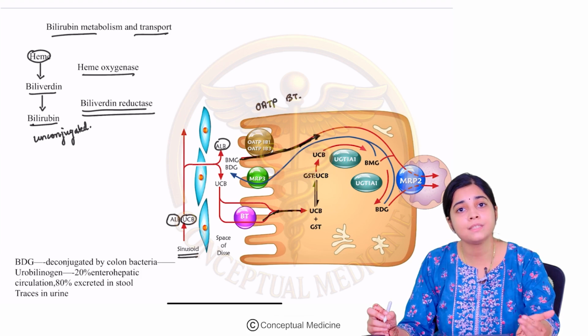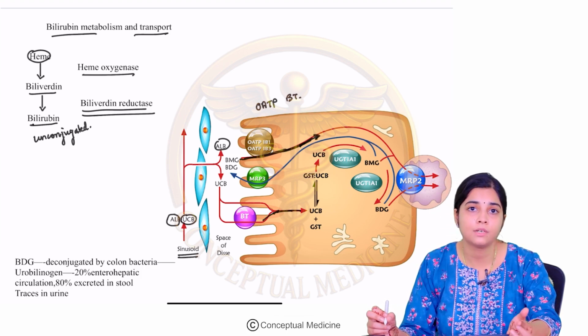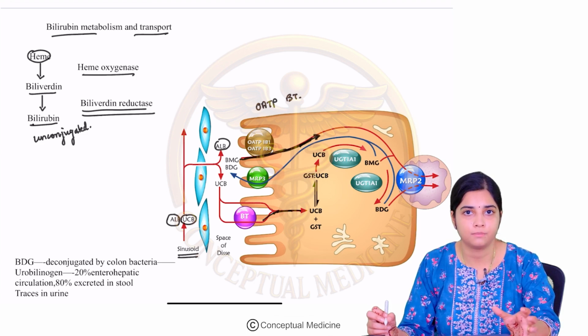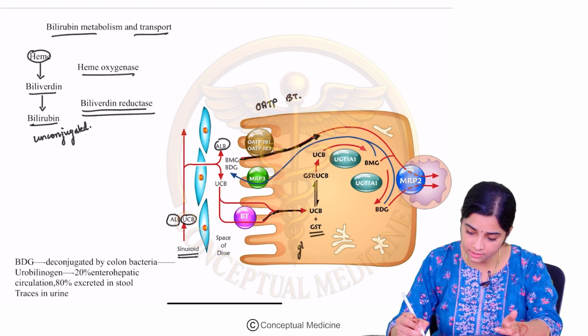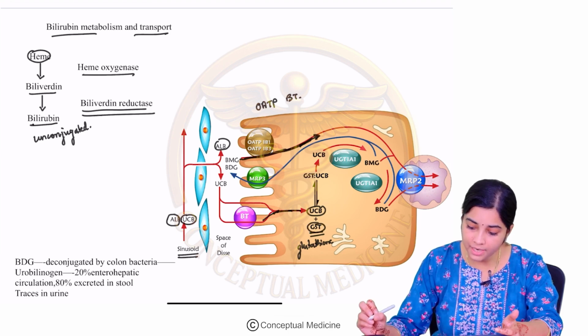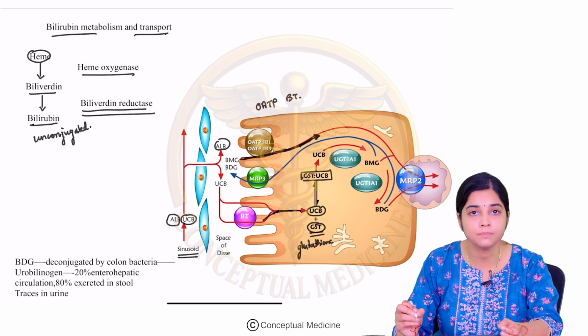Okay. So once the unconjugated bilirubin enters the hepatocyte, it has to undergo conjugation. Conjugation with what? It gets conjugated with glutathione, GST. So the unconjugated bilirubin combines with glutathione and forms conjugated bilirubin.